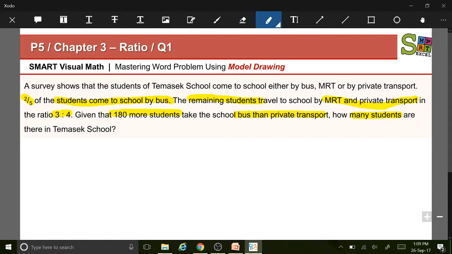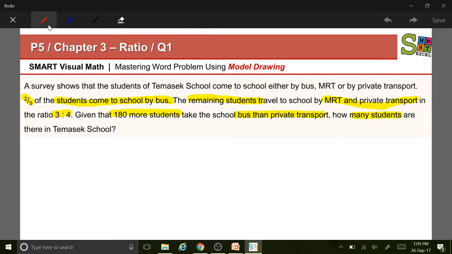there in Temasek School. So let's read again so that we can have a better and clearer understanding of this question, so it's easier for you to explain to your child. They mentioned a survey of these students in Temasek School, where they travel by either bus, the MRT or private transport. 2/5 of the students travel by bus.